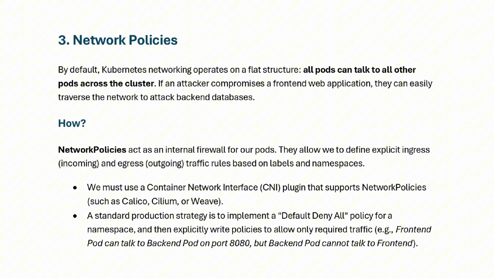This is not a healthy or secure structure. If an attacker compromises a front-end web application, they can easily traverse or hack the network to attack the backend databases. So it must be secured and follow certain rules or practices to avoid malicious attempts. How is it done?